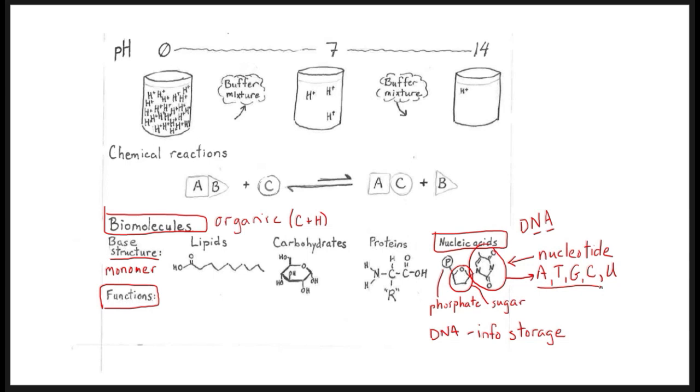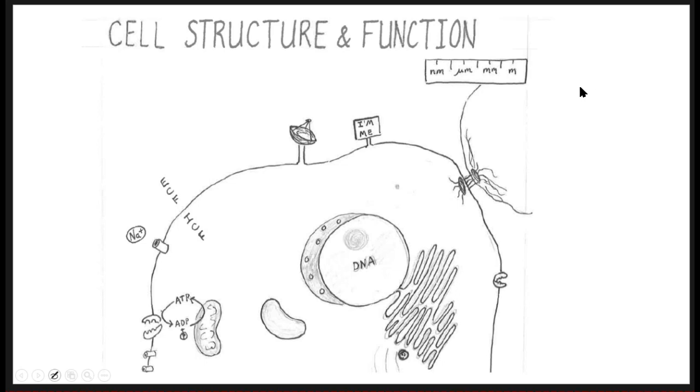We'll make one quick stop by cell structure and function. We're not going to talk a lot about these right now, but we do want to talk about the scale of this. This is at the micrometer scale. A micrometer is 1/1000th of a millimeter. So pretty small.